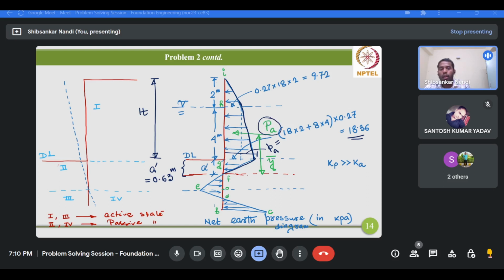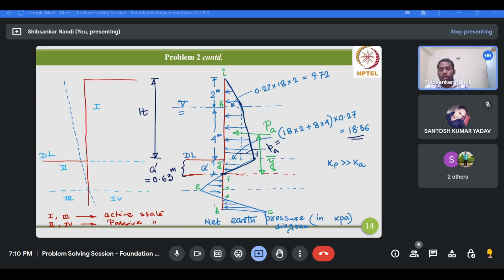So you should know the physical significance of PA. PA is the resultant of this diagram, which I have marked twice, up to the point of zero pressure.